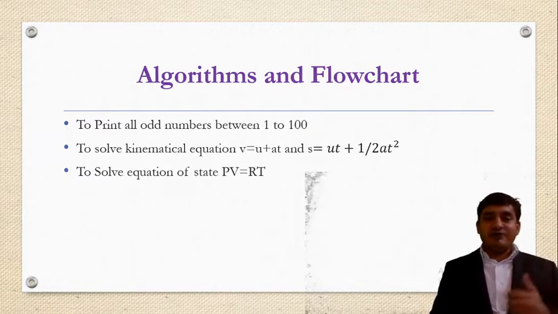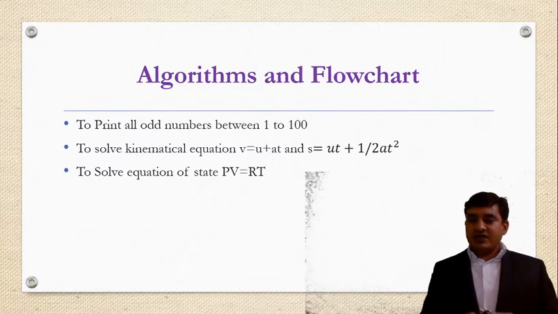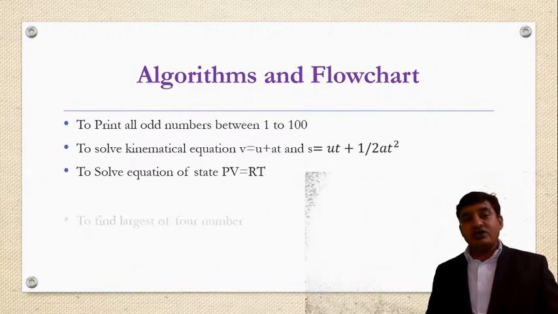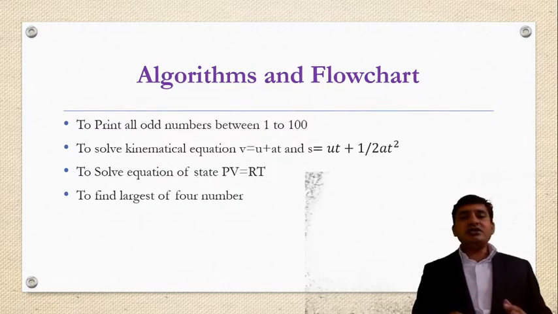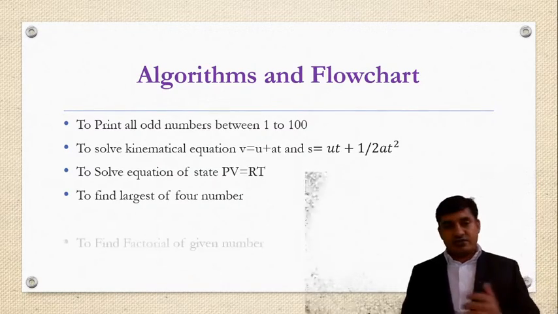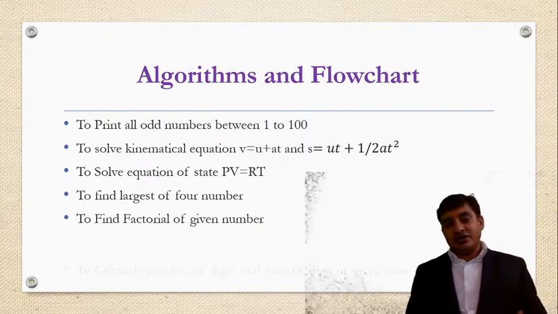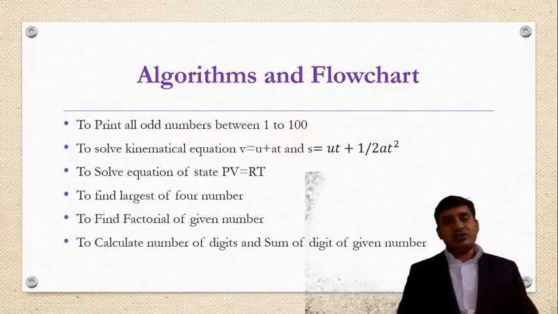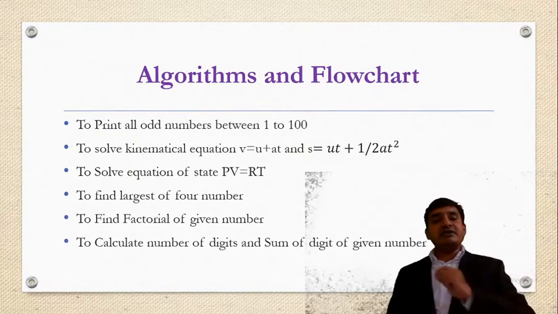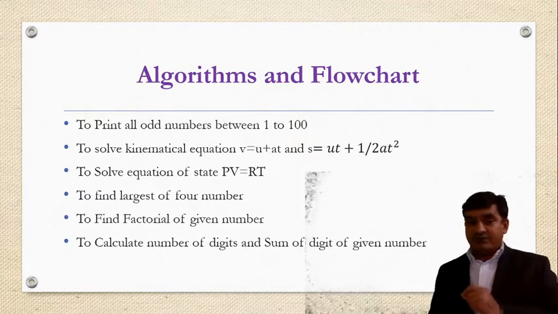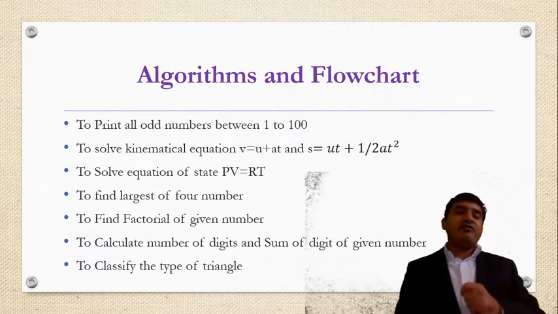Third, algorithm and flowchart to solve the equation of state, that is PV is equal to RT. Next is to find the largest of four numbers. Then to find the factorial of a given number. Next, algorithm and flowchart to calculate the number of digits and sum of digits of a given number. And last is to classify the type of triangle.